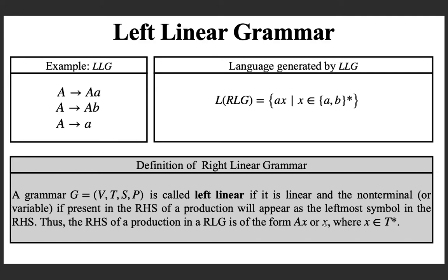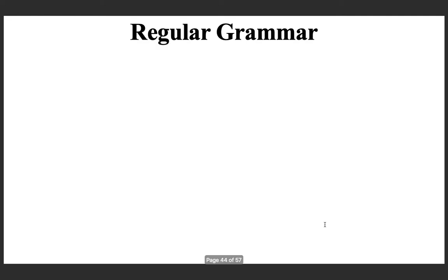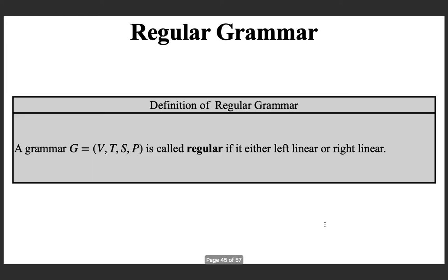Now we have enough information to formally define what is called a regular grammar. At this point of time, it's a very simple definition. A grammar G is named as regular if it is either left linear or right linear.